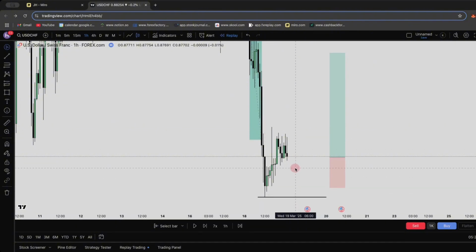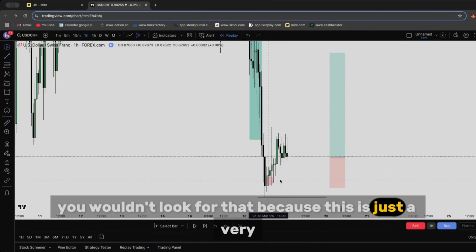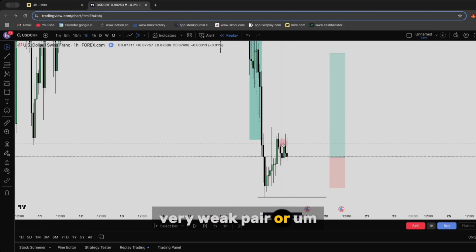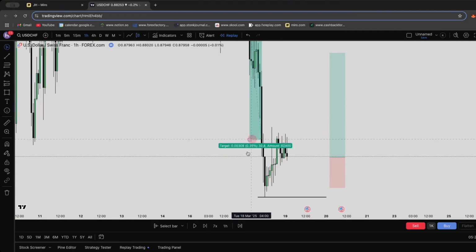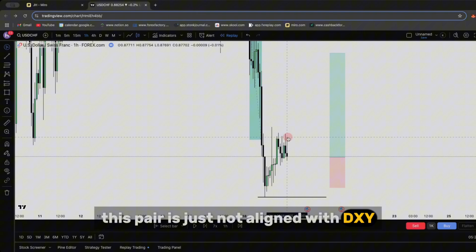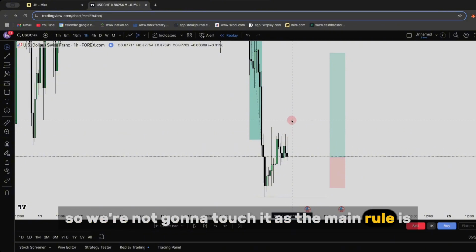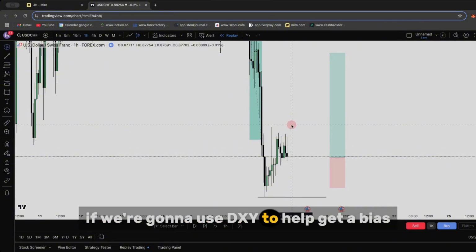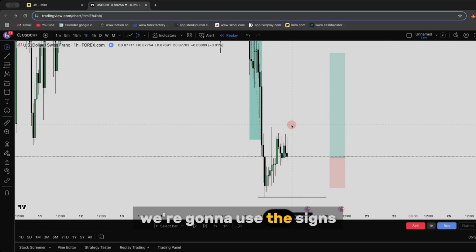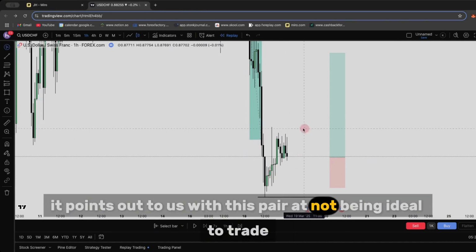However, you wouldn't look for that, because this pair is just not aligned with DXY, so we're not going to touch it. As the main rule is, if we're going to use DXY to help get a bias, we're going to use the signs it points out to us with this pair not being ideal to trade.